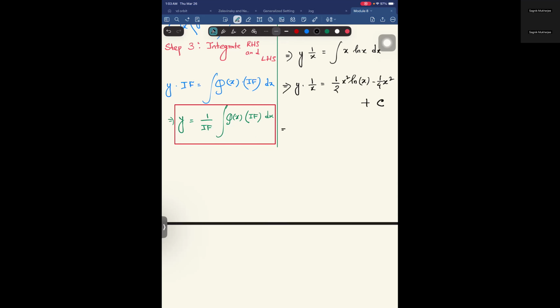So that means y equals half x cubed log x minus and so on, and that's how you solve the first order differential equation.